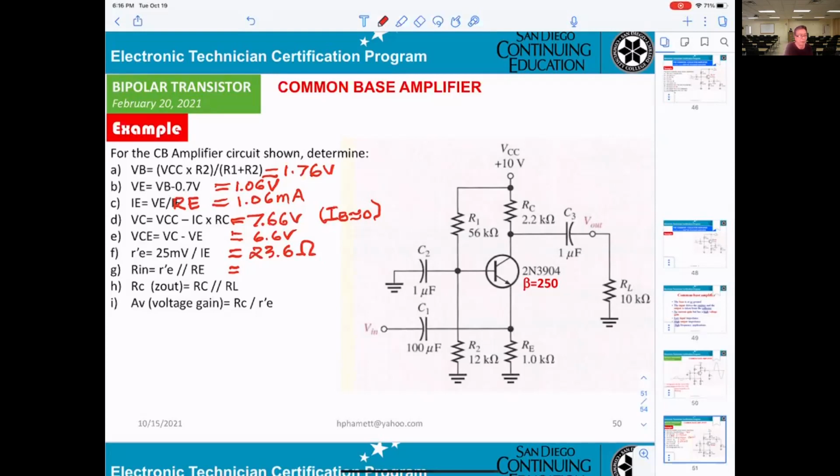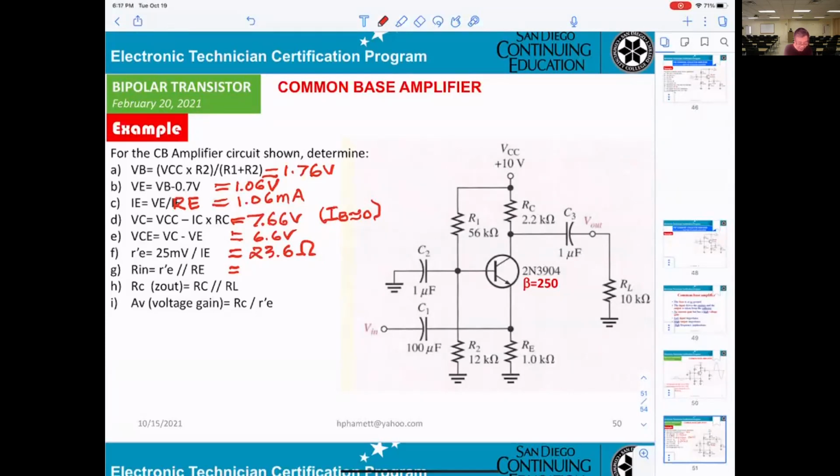That means 23.6 divided by RE, 1K. Rn has got to be smaller than R prime E if they're in parallel. So you get 0.025 ohm.